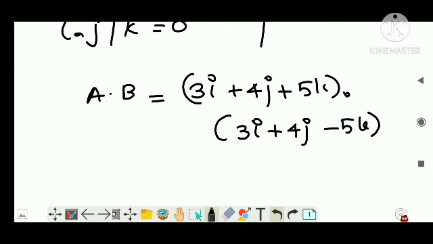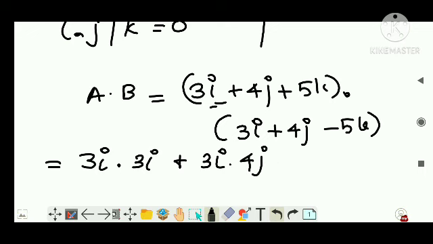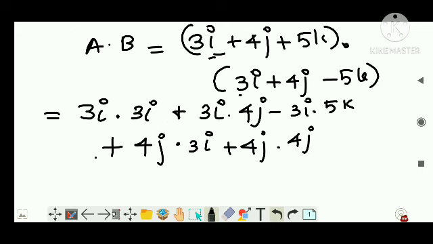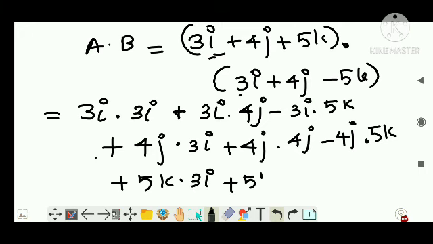I told you when you are dotting, I can split it up and write it. 3i dot 3i plus 3i dot 4j minus 3i dot 5k, plus 4j dot 3i, plus 4j dot 4j minus 4j dot 5k, plus 5k dot 3i plus 5k dot 4j.